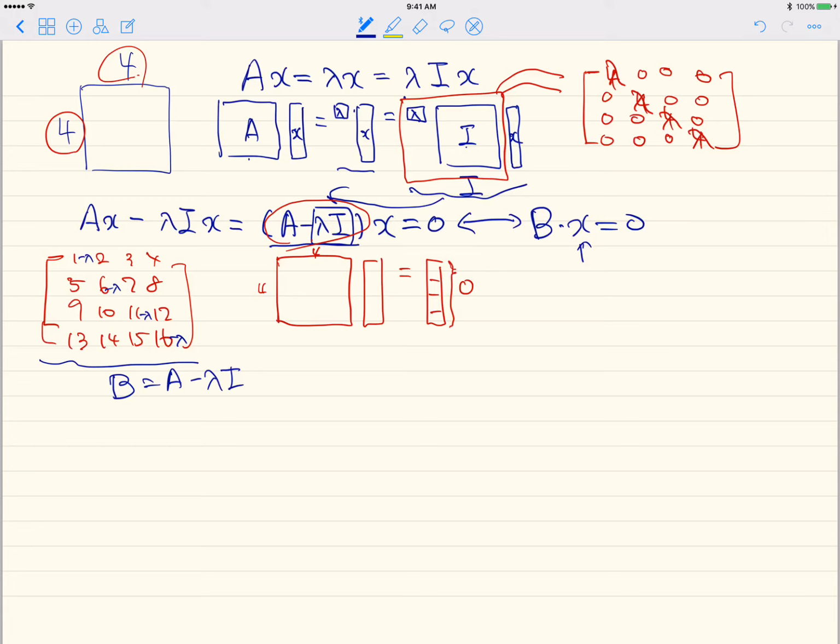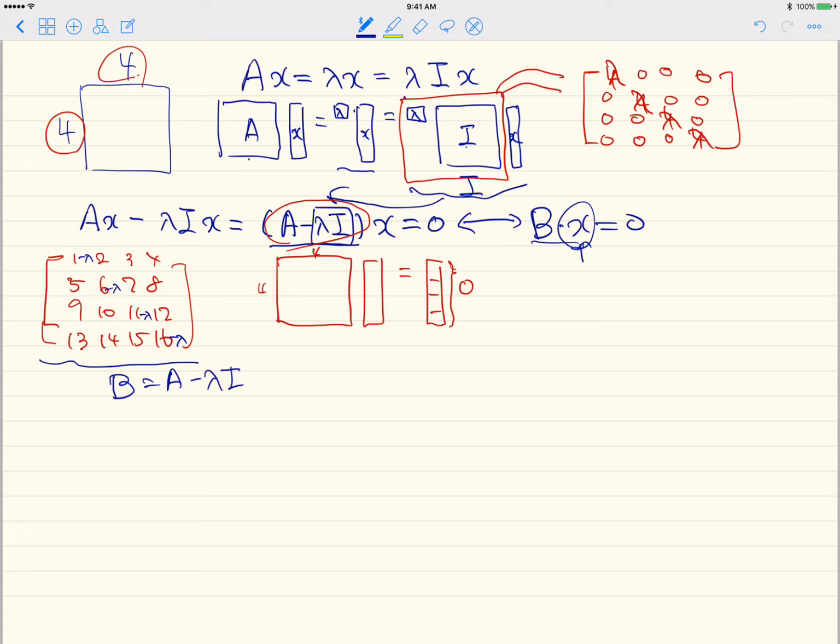The trivial or obvious solution for this equation is when the vector x is all 0. But as I mentioned, we are excluding this really simple case where the eigenvector x is a completely 0 vector, right? So we consider some non-zero eigenvector. So x should be a non-zero vector.